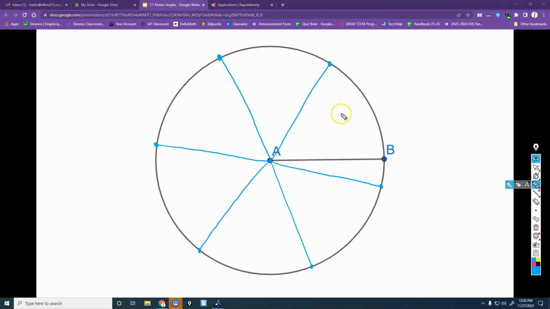So this length right here was our radius. This length over here, our arc length, was also our radius. And what you should see is that all of your slices of pie, except for maybe the sliver if you ended up with the sliver, should all be the same size, right? So this angle right here we would call 1 radian.